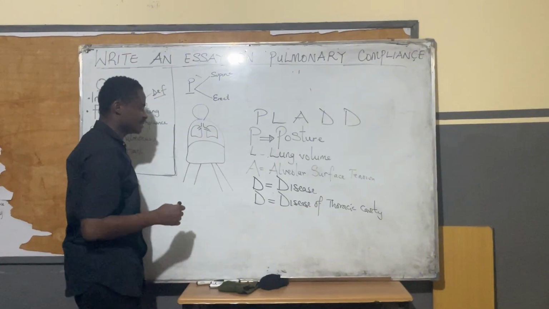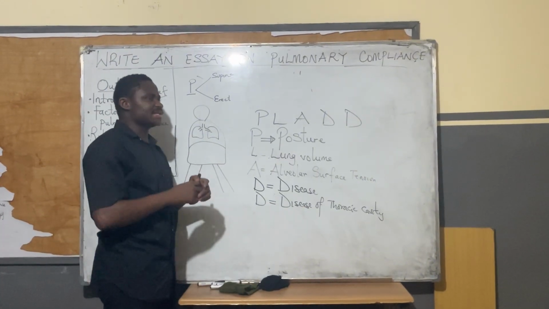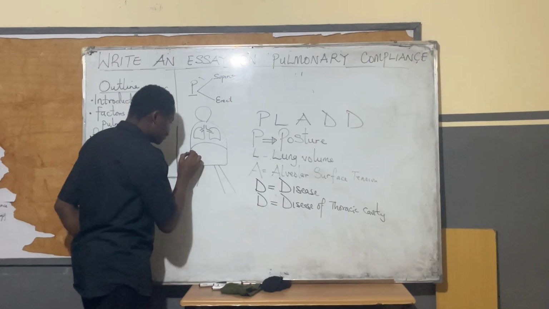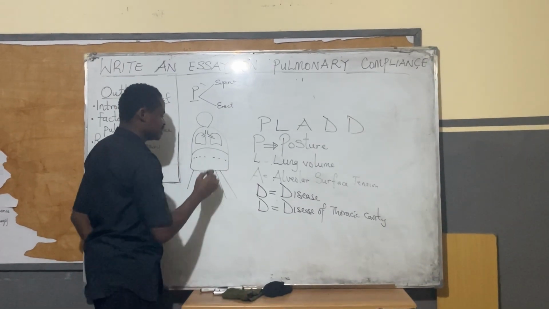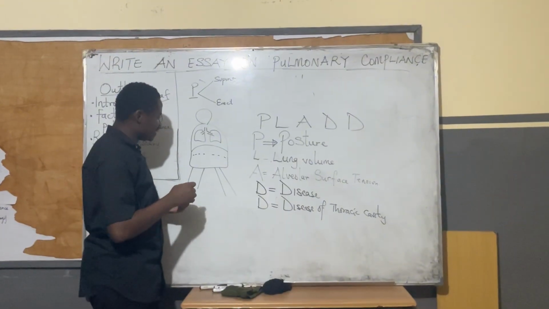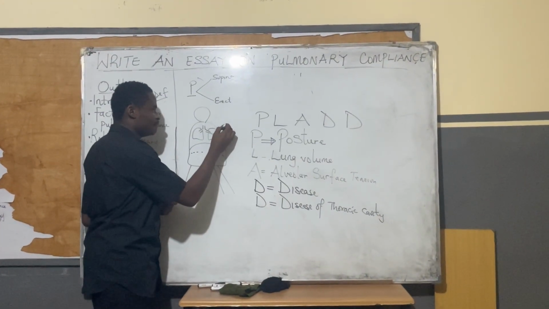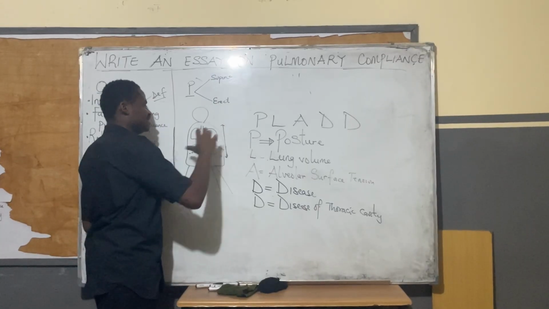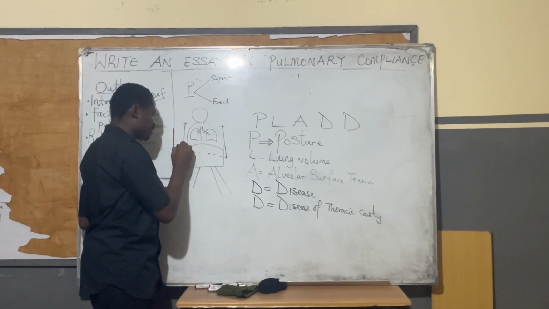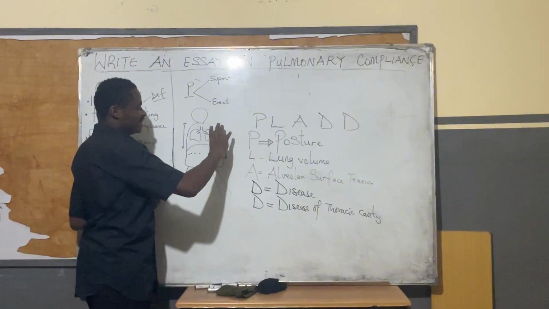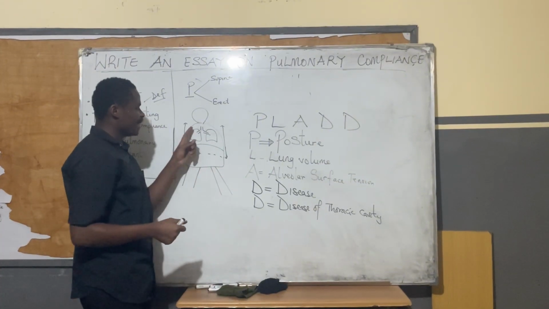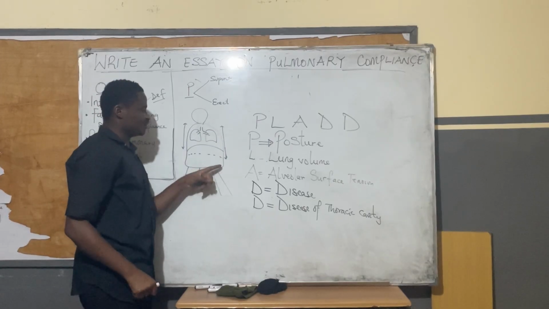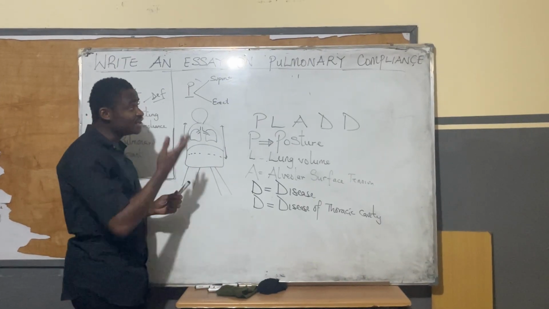These are abdominal contents. Now, if this man stands erect, normally this diaphragm will pull down, and we are going to have our diaphragm somewhere like this on an erect posture. It means that the diameter is going to extend. See how much the diameter is now, unlike when it was something like this. So this has increased the vertical diameter of the thoracic cavity, and you can tell that will increase compliance.